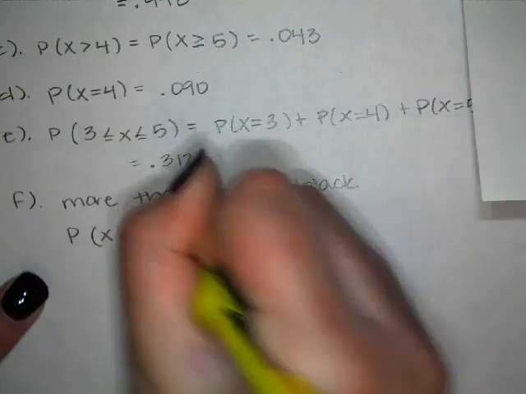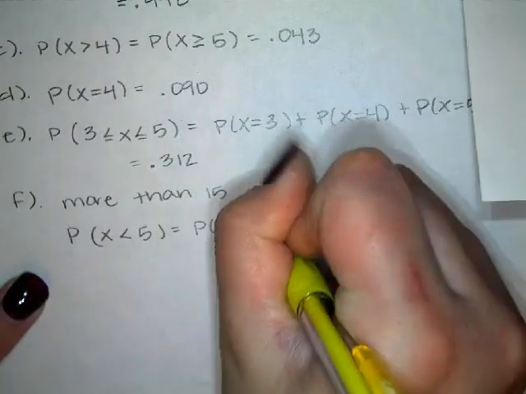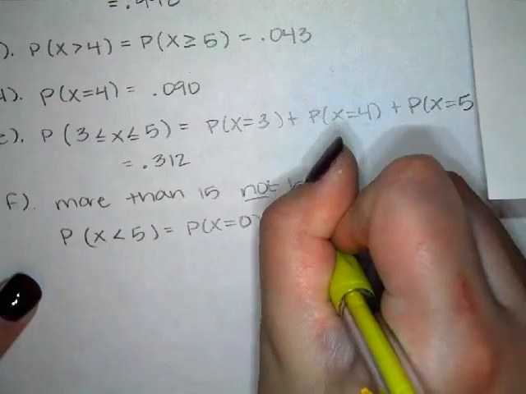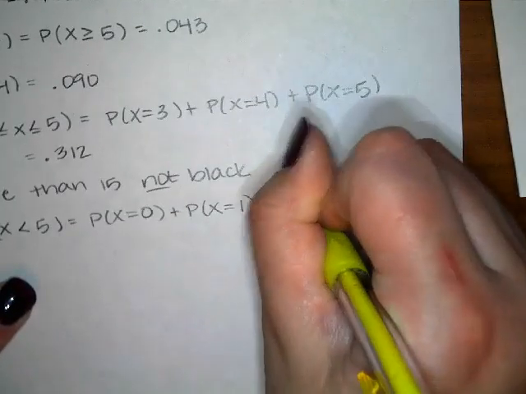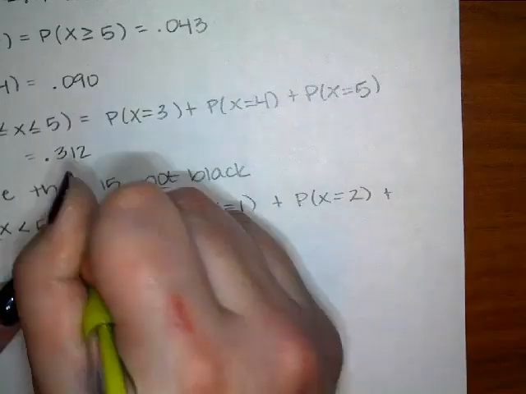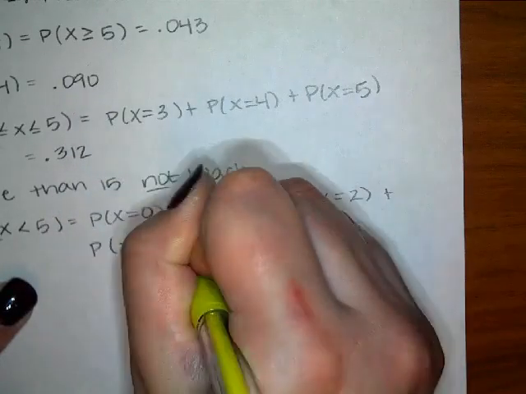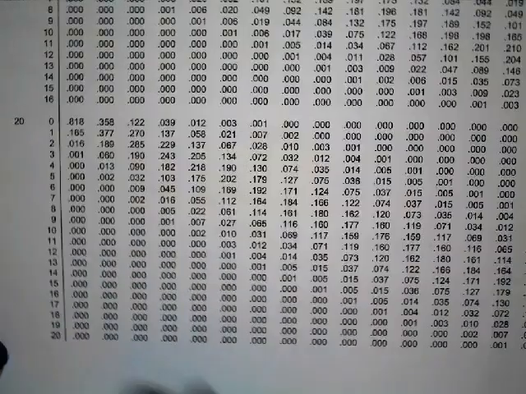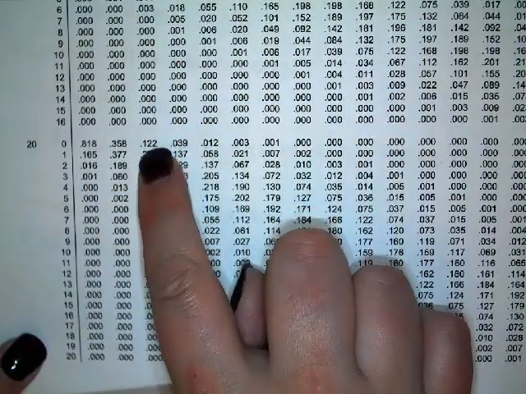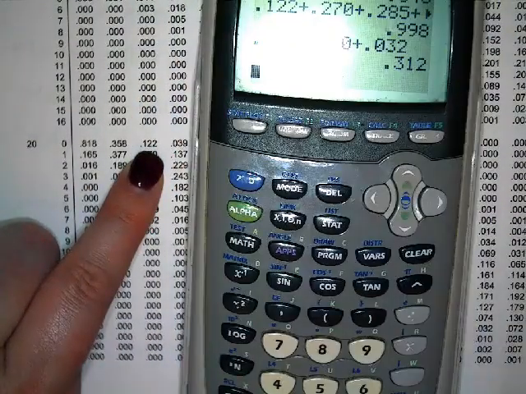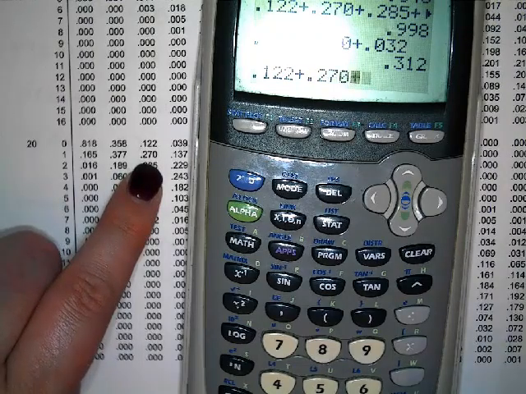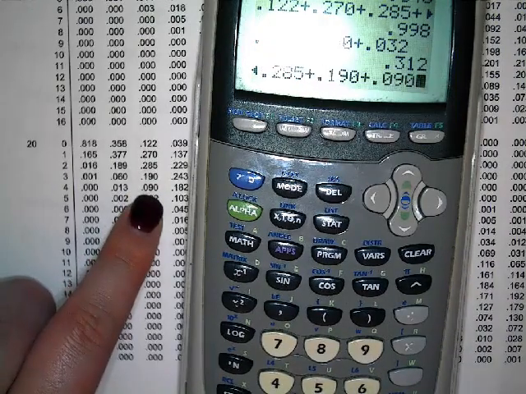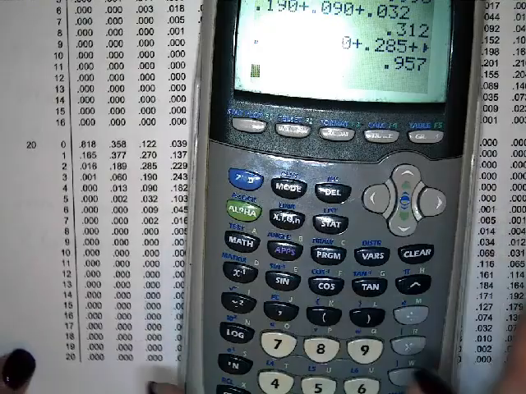So this would be 0, 1, 2, 3, and 4. That gives 0.957.